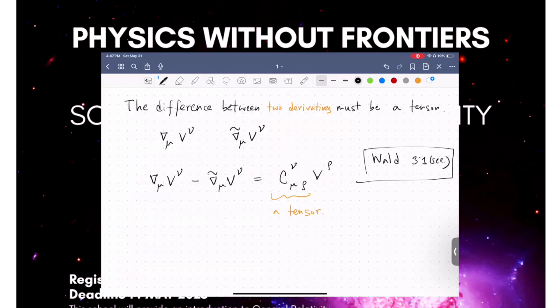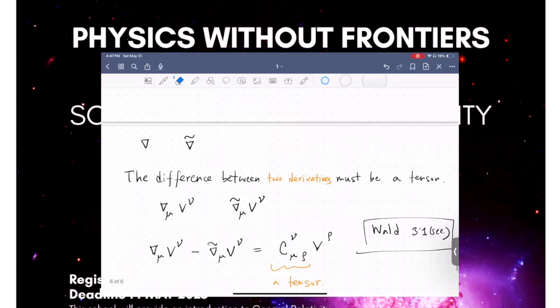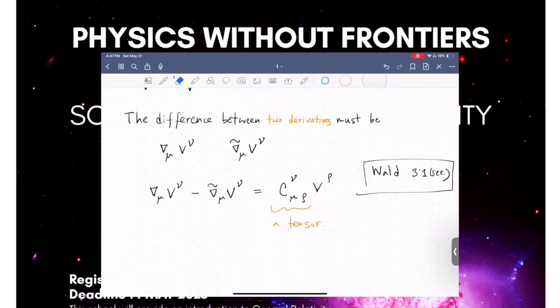Actually, wait a moment. Let me correct it. It's not really tensor, it's just linear. Okay, so what is the difference?